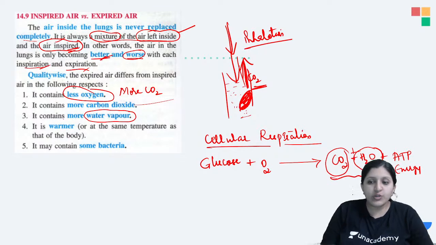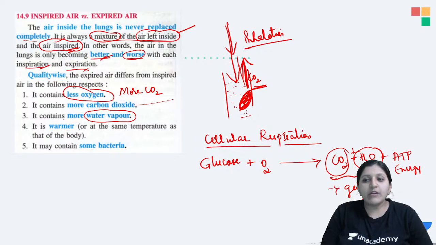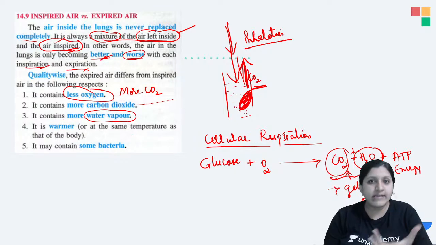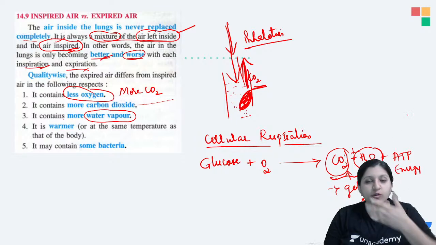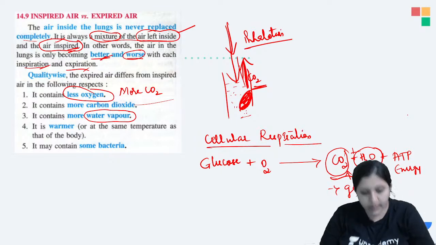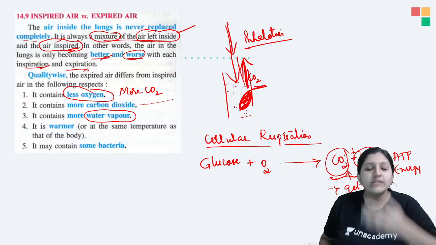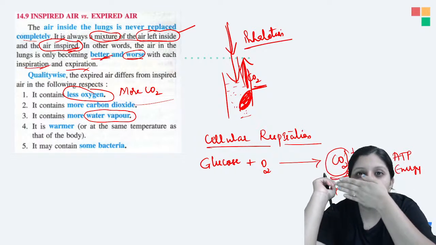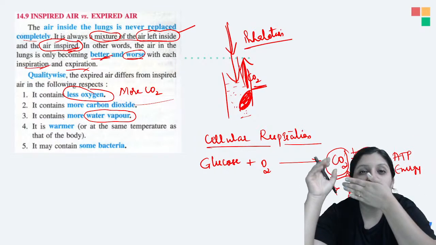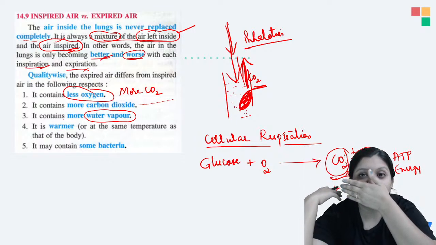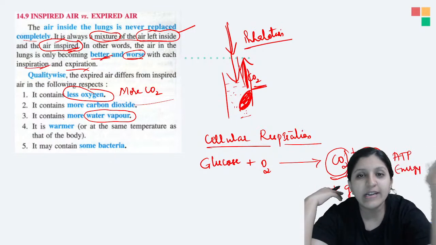As you can see, there is a formation of water also, so these need to be removed. We need to get rid of carbon dioxide and water as well. For that we are exhaling, right? When we are exhaling, a lot of carbon dioxide goes out. You can hold your hand to your nose and mouth and feel some moisture.